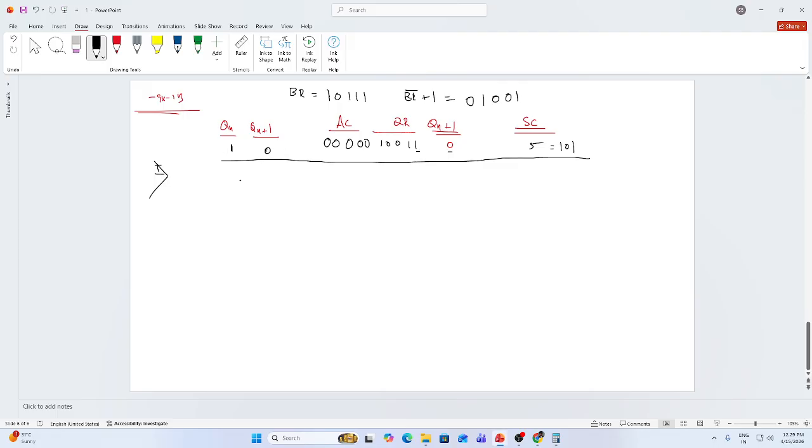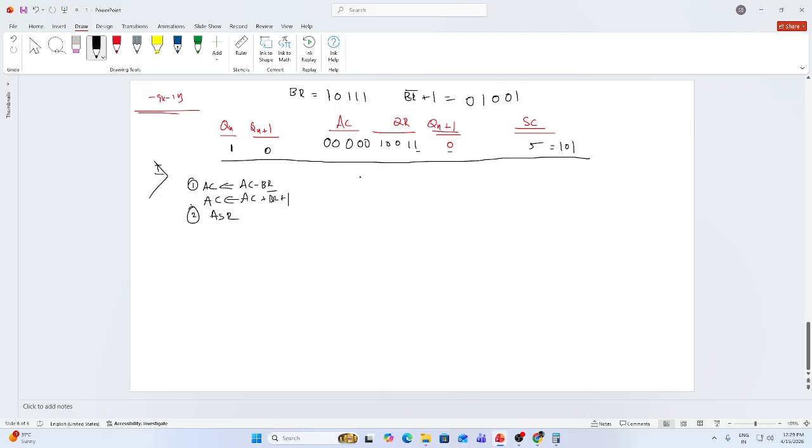You need to perform subtraction, AC minus BR, using BR bar plus 1 and AC, and the second step is to perform an arithmetic shift right operation.